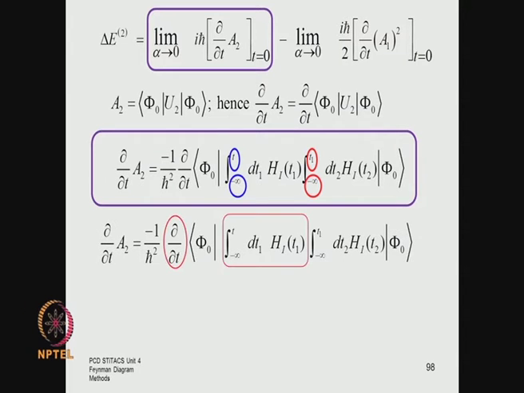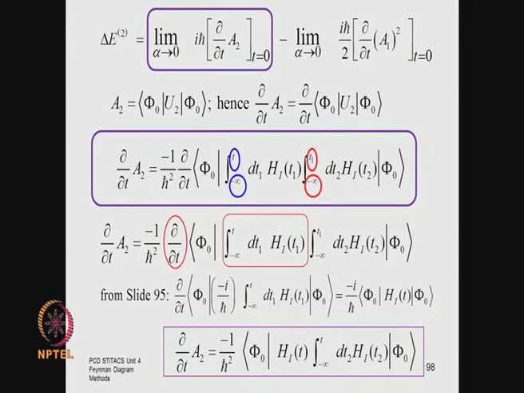So, HIt, and then the remaining time integration is still here, but I am keeping this HIt2 to the right of this operator here. So, the time t comes as the upper limit of this integration, and it comes as an argument over here.